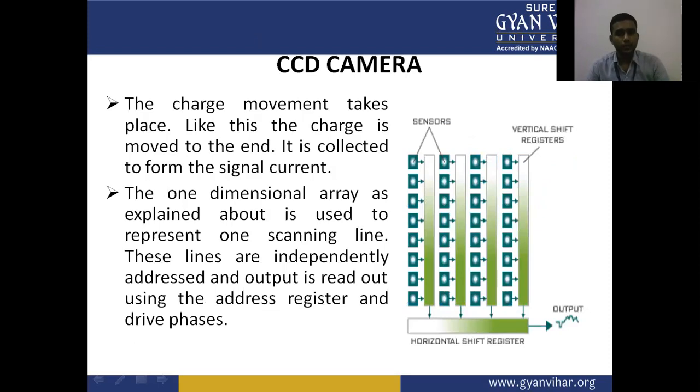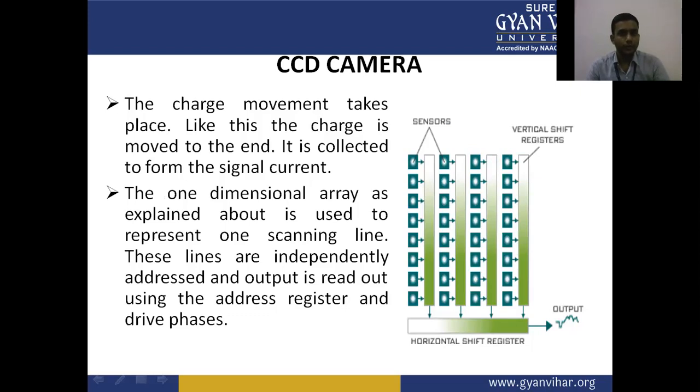In CCD cameras, we have the horizontal shift registers, vertical shift registers, and sensor, and we have an output. The charge movement takes place like this. The charge is moved to the end and collected to form the signal current.